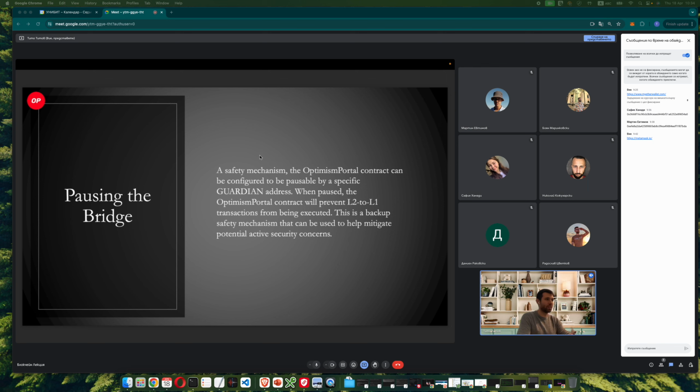And the idea of this guardian address is that if there is a bug or something happens, it has the authority to pause the bridge and it could prevent layer 2 to layer 1 transactions from being executed.